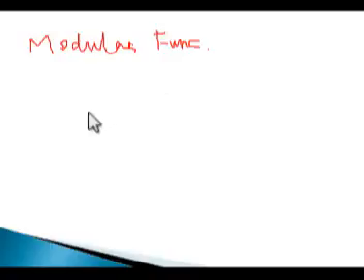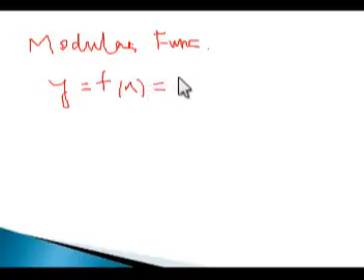The equation of the function is in this way: y is equal to mod of x, means y will always be positive, always greater than or equal to 0 for all values of x.